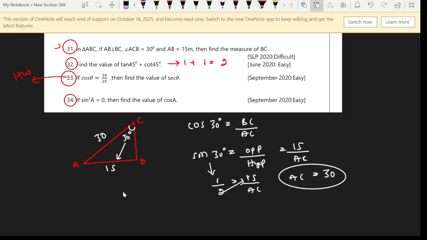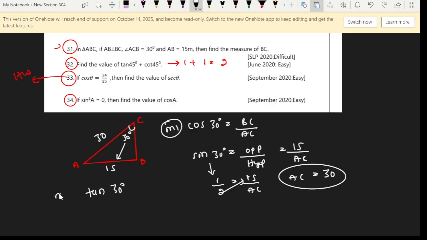Now use Pythagoras theorem to find the value of BC. If you use Pythagoras theorem, easily you will get it. That is not a big deal. Or else, if you just use trigonometry, you will also get the answer. See, what is tan 30 degrees? So this is method 1.